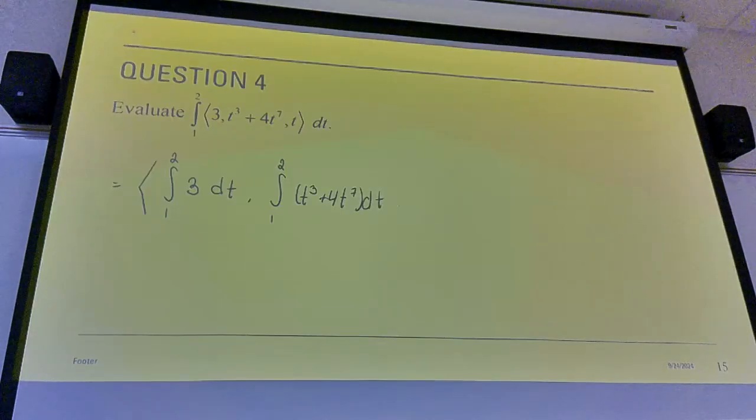Oh, that's easy. It's just 30. T cubed plus 14 to the 7th doesn't have an antiderivative. Yes, it does.